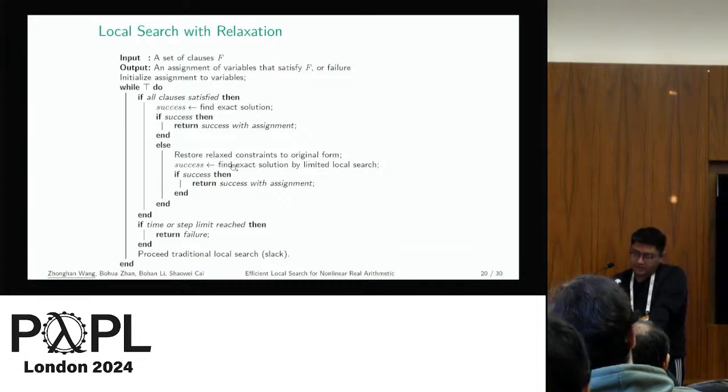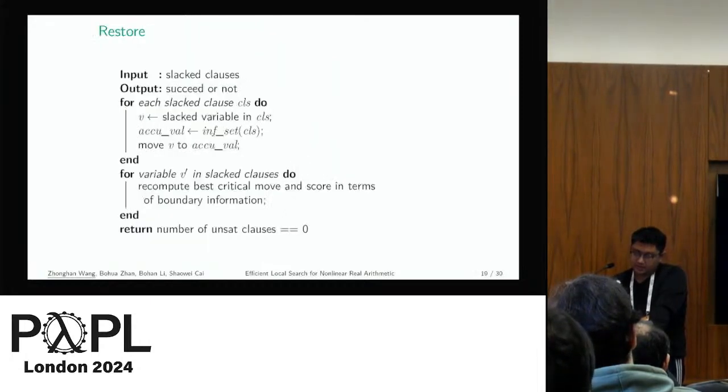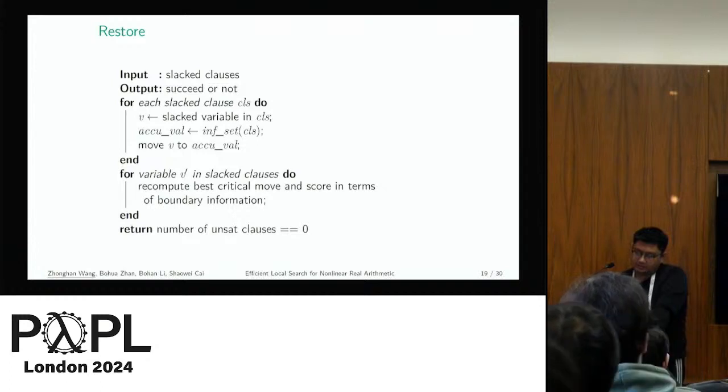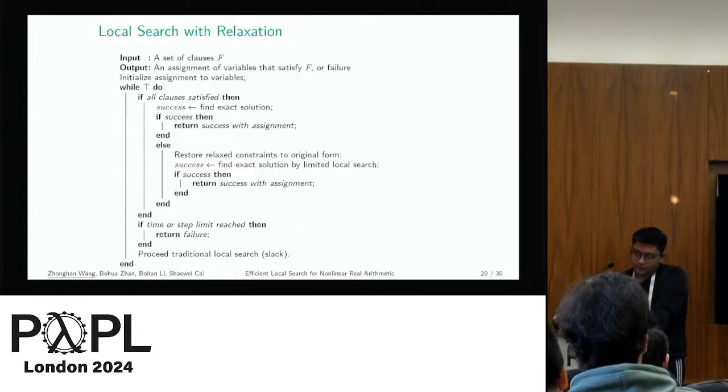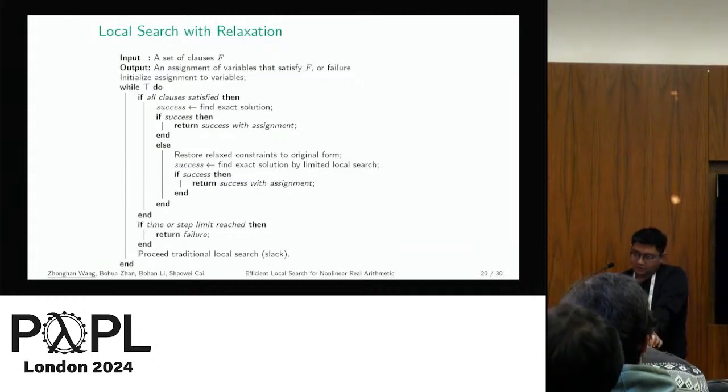If we find that the exact solution by the local search still succeeds, then we return success with the assignment. Also, the restore procedure can bring some difference to the score and cause some satisfied clauses to become unset. This flip results in failure in the local search algorithm, and we still have to return to the local search algorithm to maintain and decrease the number of unset clauses.